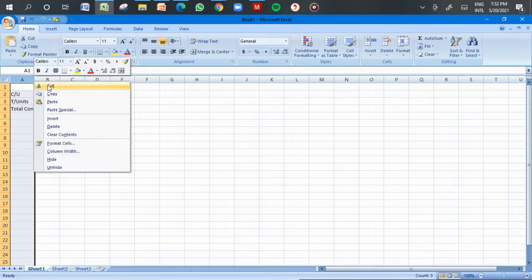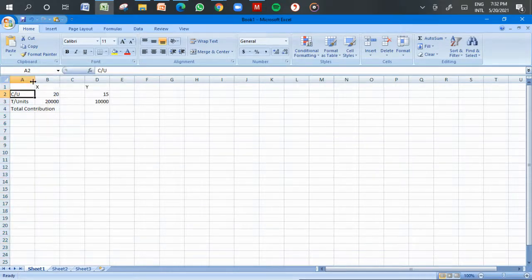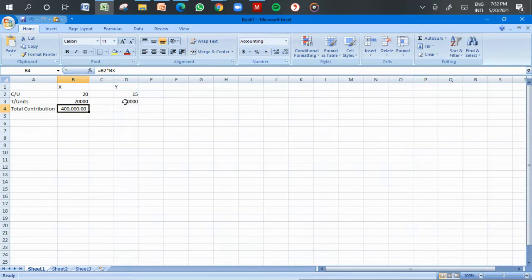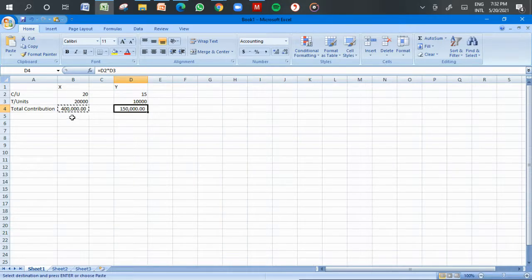So total contribution, just multiply these ones. Just say the contribution per unit multiplied by the units that we have. So that is our total contribution. Then we do the same thing here. Then this one becomes our total contribution.